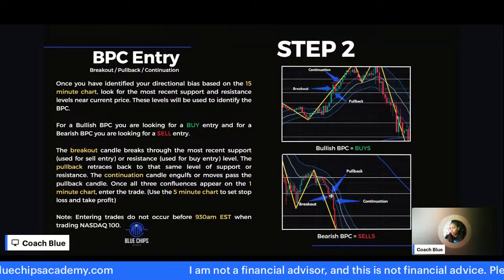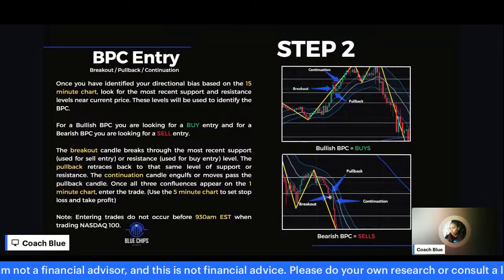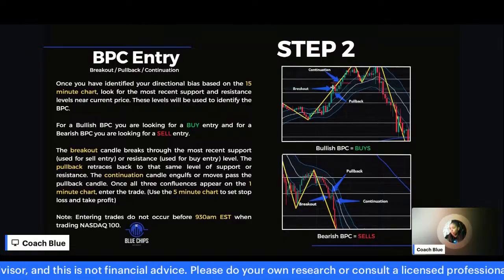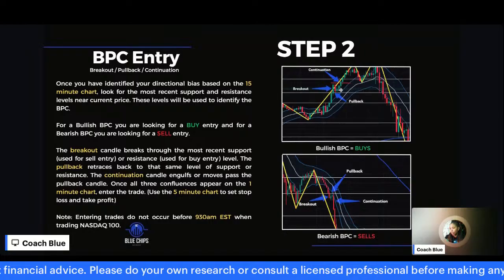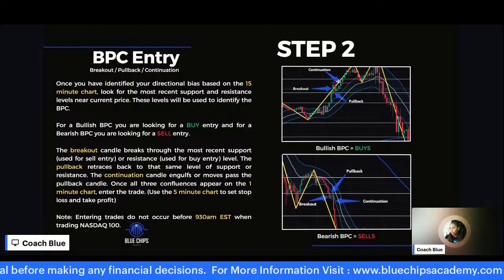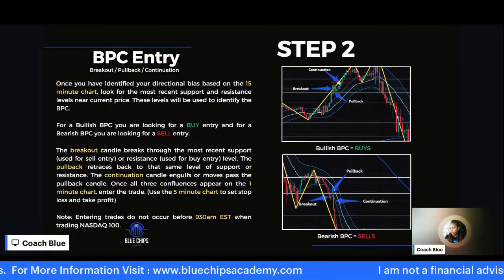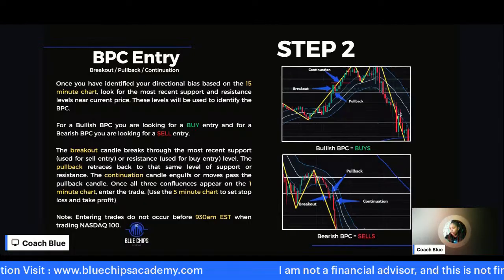So these two green candles here, this red candle closed beneath these two pullback levels. For our bullish BPC, we want the candle to close over our pullback level. So in this case, it pulled back and price closed above this red candle right here. That was the signal to enter into the trade.